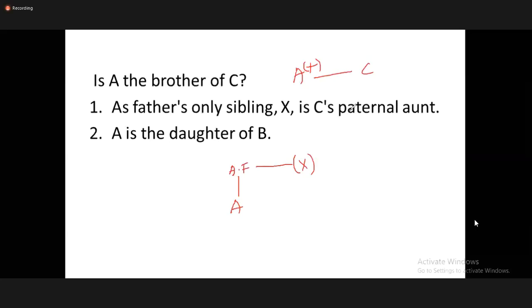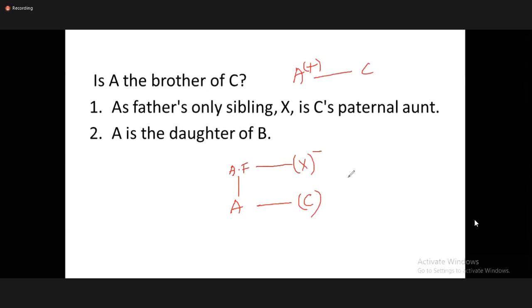Is C's paternal aunt. Okay, is what? So this woman is C's paternal aunt. From one alone, A's father's sibling X is a female. She is the aunt of both A and C only, no? It is not known whether A is male or female.